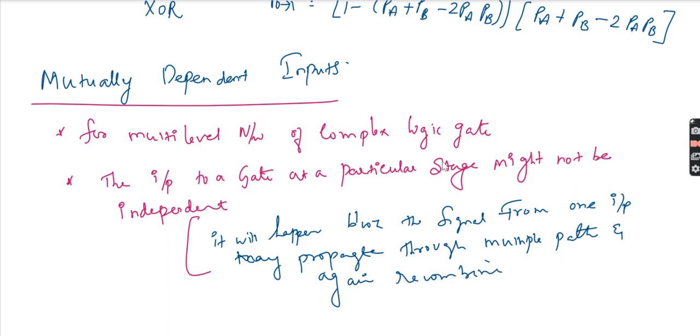It means a larger number of fan-ins will be there, and the fan-out is again recombined at a particular stage. This is the meaning of that actually.